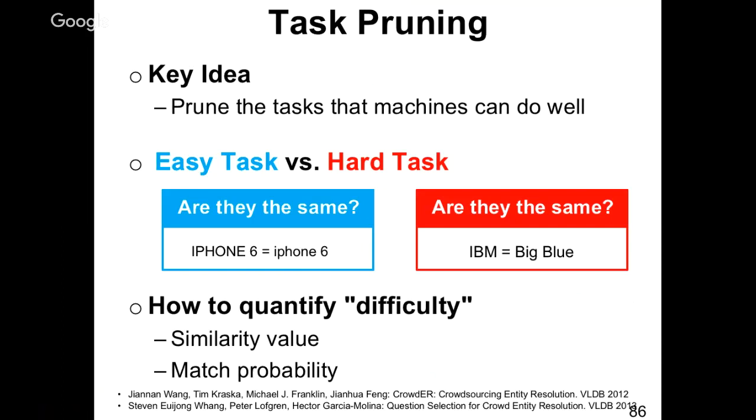Because a lot of machine learning models, instead of just doing the classification, can also tell us the uncertainty about their result. For this particular task, we can model it as a classification problem and train a classifier, and then use the distance between your data point and the classification boundary to decide whether it's a difficult task or an easy task. Okay?